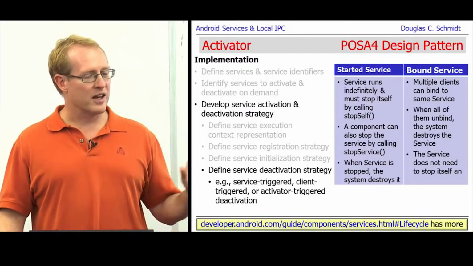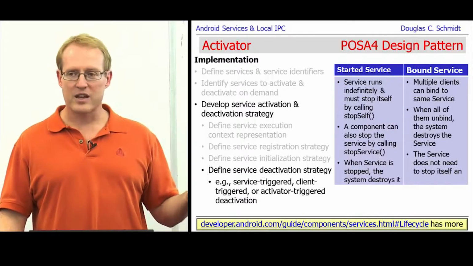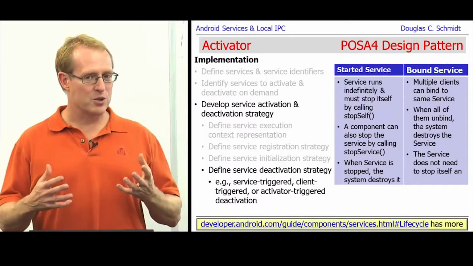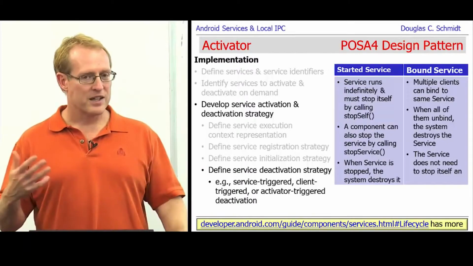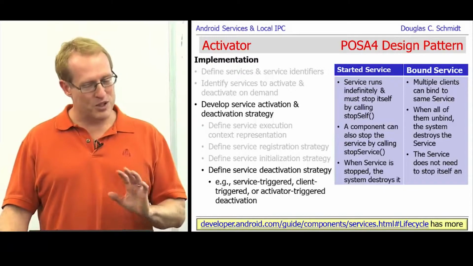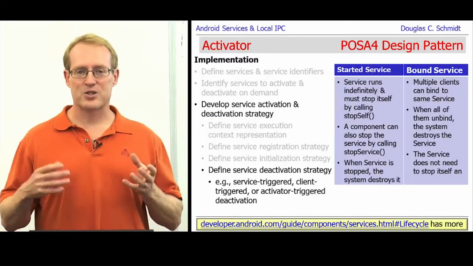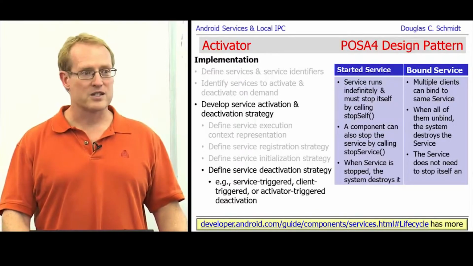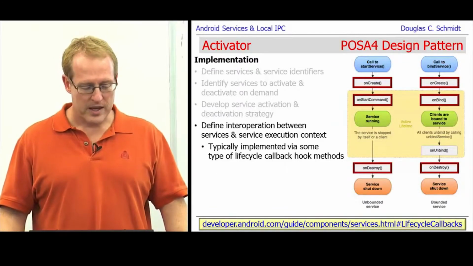So you can take a look at the website. There's a link here that gives you more information about service lifecycle. But be aware that Android gives you all the tools to do the different kinds of deactivation strategies, and it's up to you to figure out what to do. The key thing is you typically don't want to let the service run indefinitely if nobody's using it, because that would be overly consumptive of resources.